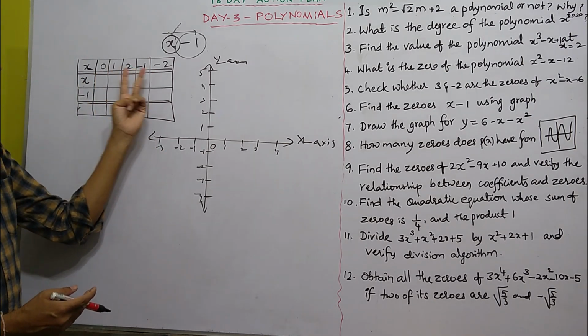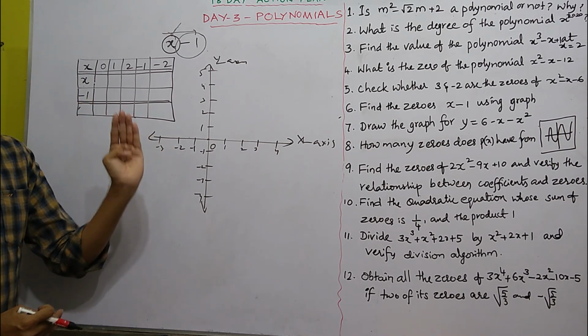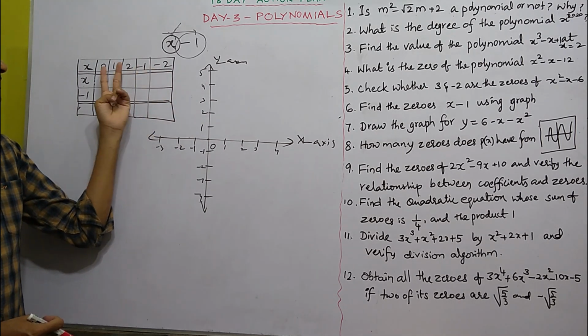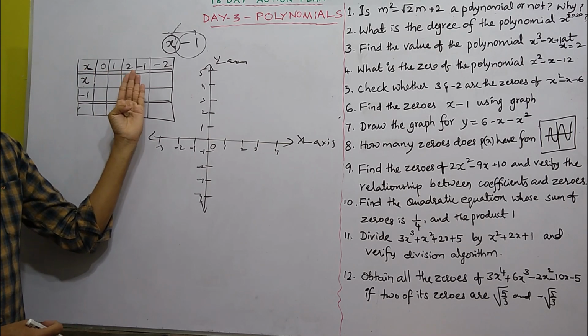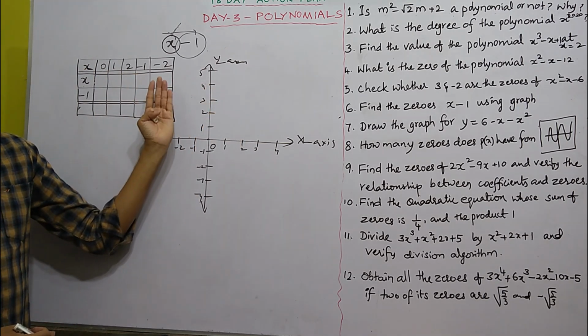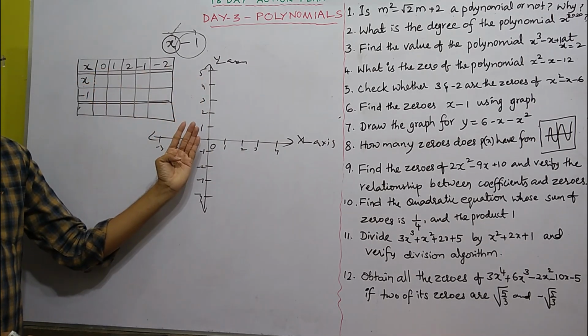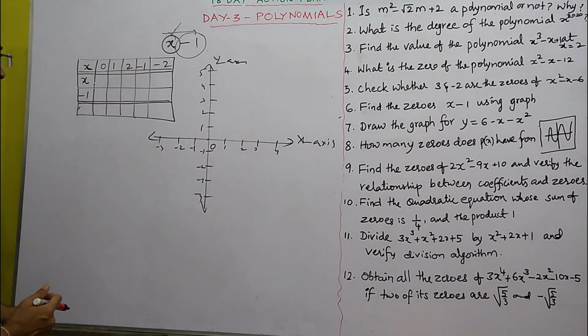Preferably we take 0, 1, 2, 3 and minus 1, minus 2, minus 3. The order does not matter. You can take minus 2, minus 1, 0, 1, 2, or minus 3, minus 2, minus 1, 0, 1, 2, 3. You can take in any order. The order does not matter.